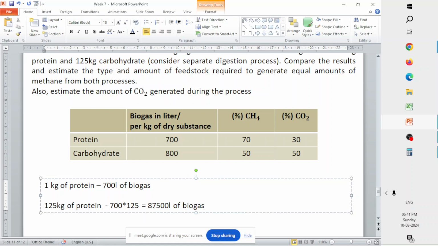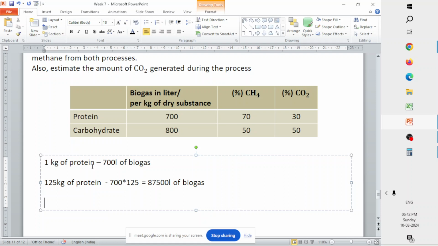So 87,500 liters of biogas is going to be generated by digesting 125 kg of protein. Out of this 87,500 liters of biogas, 70% is methane content. That is the methane that gets generated by digesting my biomass, in liters.